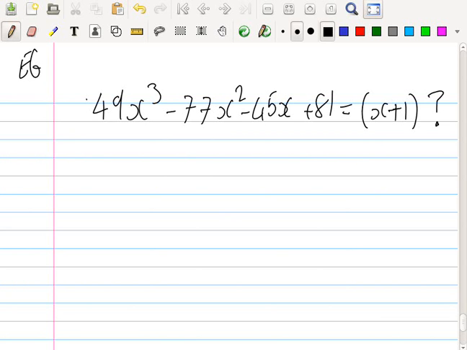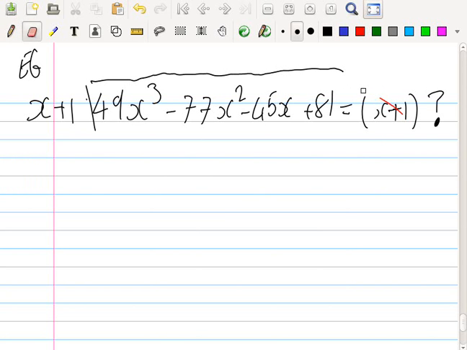So, what are the other factors? It's like the last one. What do I do first? Divide by x plus 1, and that gives me my answer. But when I divide by x plus 1, that's just a long division, isn't it? So, long dividing by x plus 1 will give me my answer.